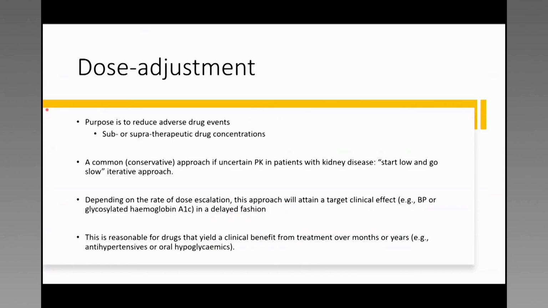Then the rate of dose escalation really depends on what is the clinical target that you're aiming for. If it's blood pressure or HbA1c, then these are often delayed in their response, so we need to change our dosing over weeks or months. This is probably okay in many cases and will avoid adverse drug reactions to supertherapeutic doses.